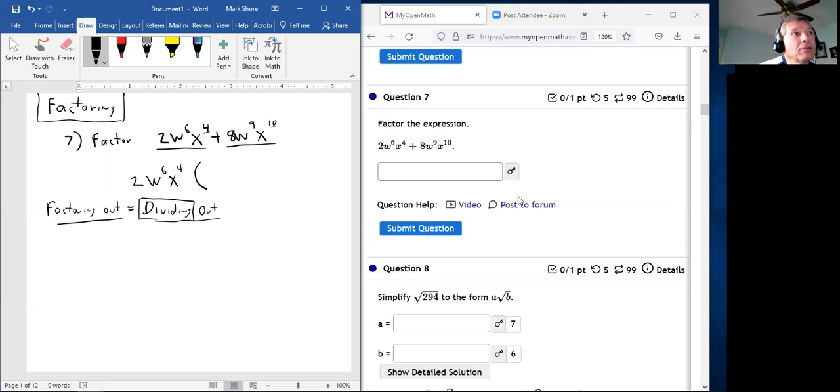If we take this thing right here and divide it by this, you get 1. The reason you get 1 is because this is exactly this. Just like 5 over 5 is 1, and x squared over x squared is 1, because it's the same stuff. If you have 2w to the 6 x to the 4th over 2w6 x to the 4th, it's exactly the same. It's 1.